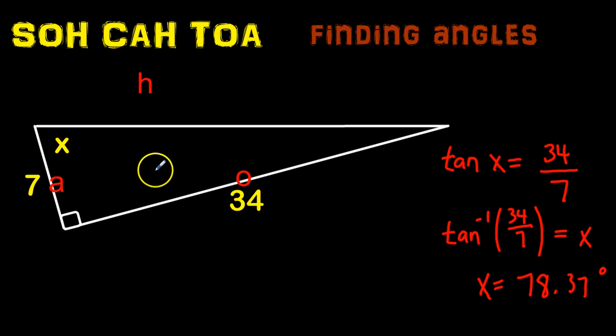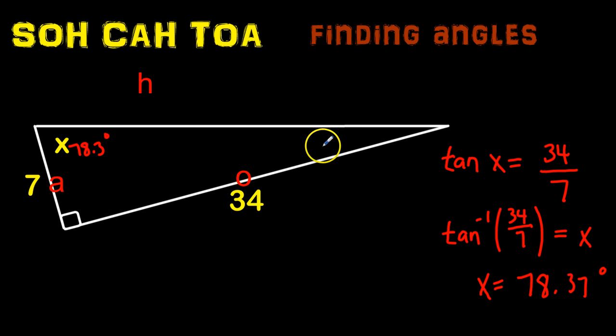So what that means is, and that makes sense, this angle right here is about 78.3 degrees. Now it might be interesting to point out that if we know that angle, and this is a 90-degree angle, well then we certainly know this angle over here, okay? And these two angles, if this one's 90, these two angles here have to add up to 90.